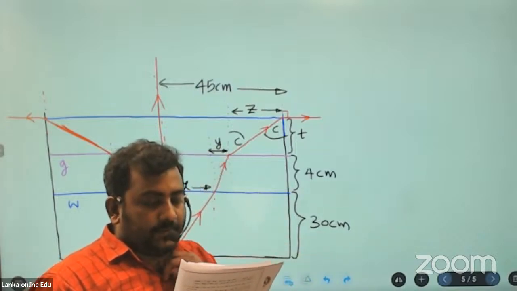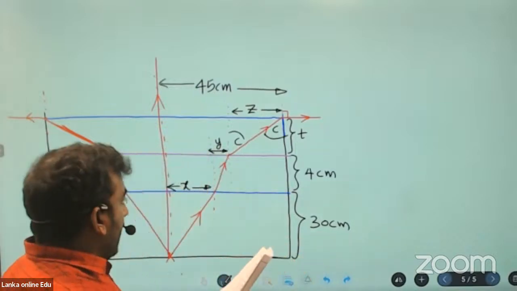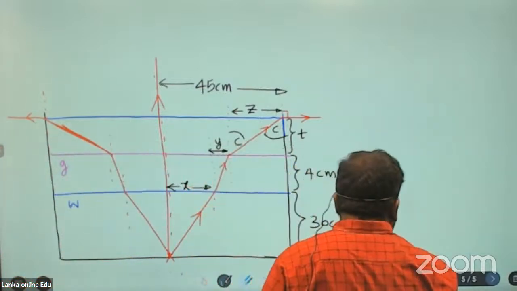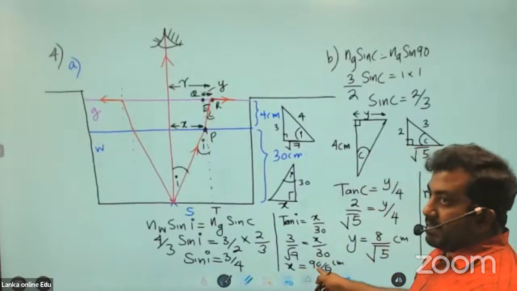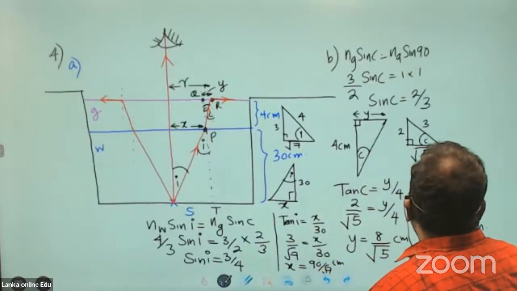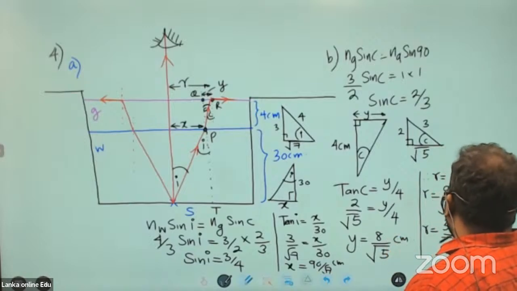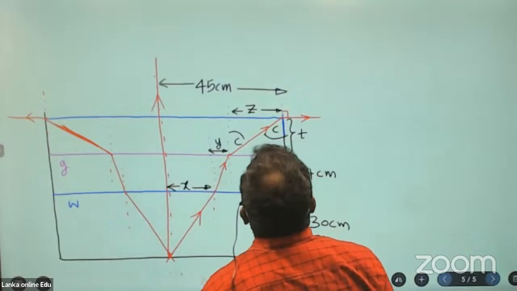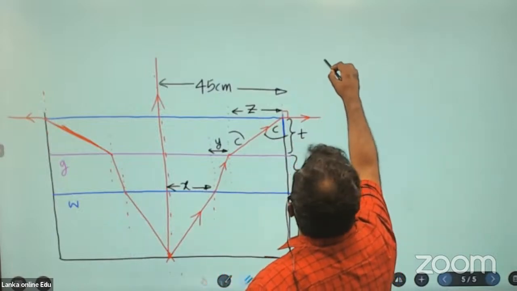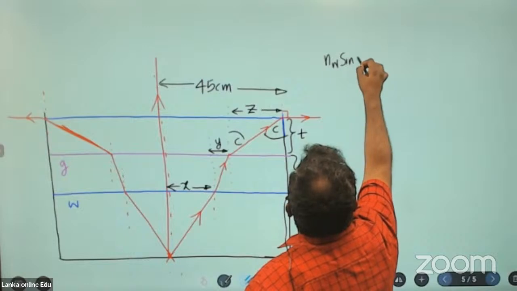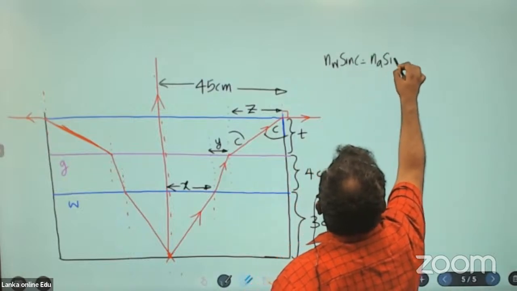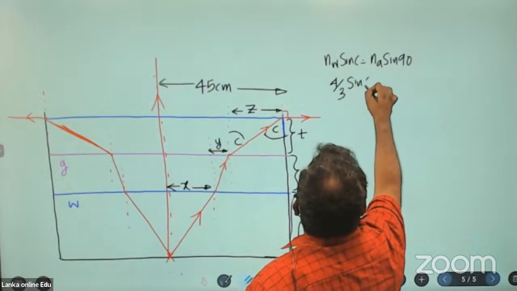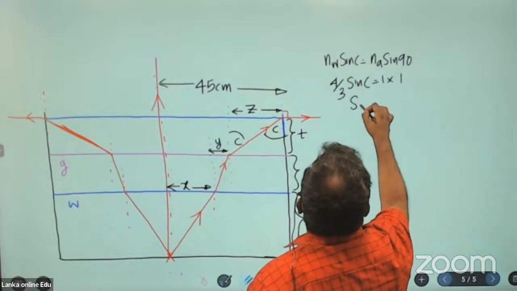So here, if you carefully work this out, now X and Y were already found earlier. X is 90 over root 7. Y is 8 over root 5. Addition is 37.5. Now here, let's work it out. NW sin C, NA sin 90. NW is 4 over 3, sin C equals NA sin 90.